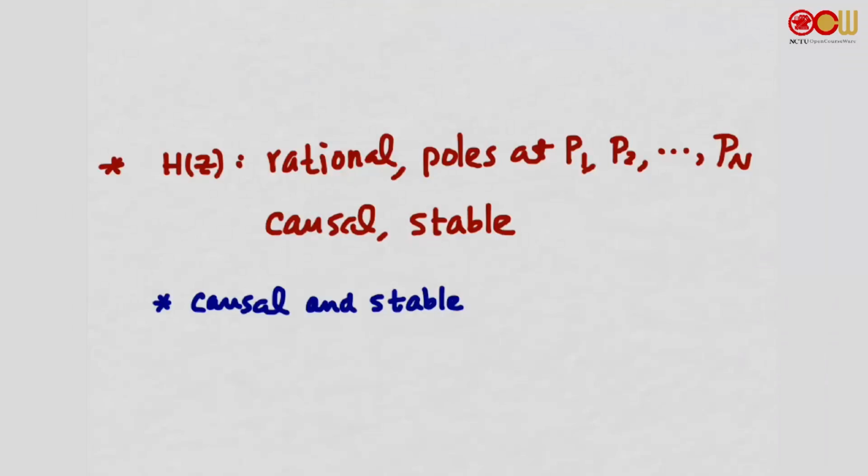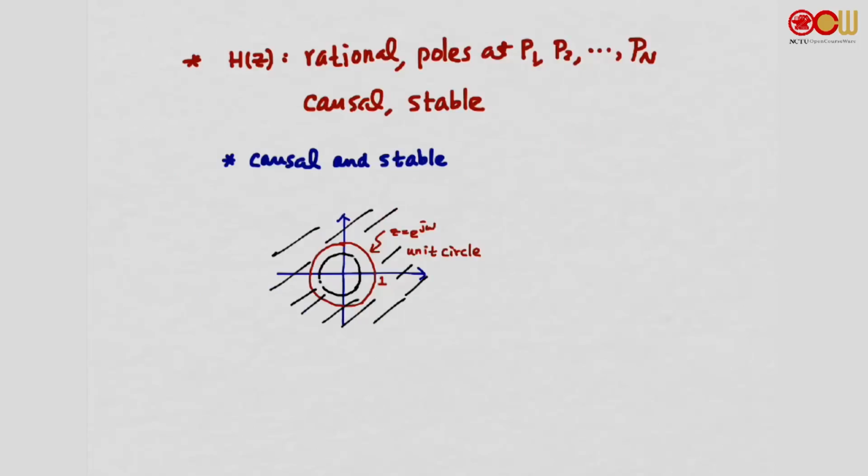Now let's consider a very common case where H(z) is a rational transfer function and it has poles at p1, p2, up to pN, and it's causal and stable. If it's causal and stable, from the previous result we know that the region of convergence is outside a circle and the circle lies inside the unit circle.